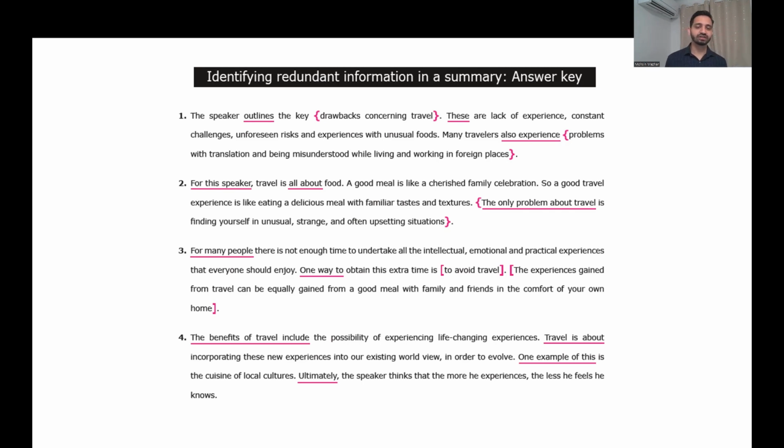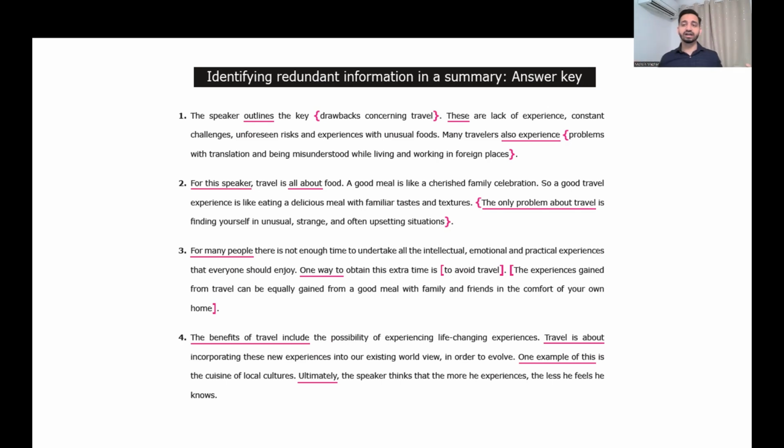Travel is about incorporating these new experiences into our existing world view in order to evolve. One example of this is the cuisine of local cultures. Ultimately, the speaker thinks that the more he experiences, the less he feels he knows.